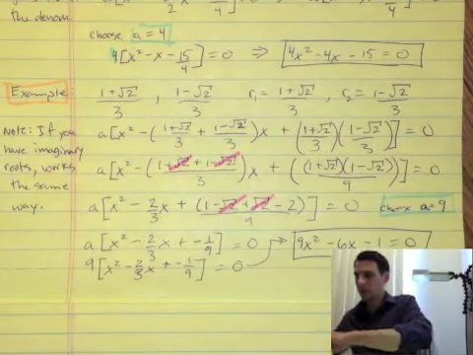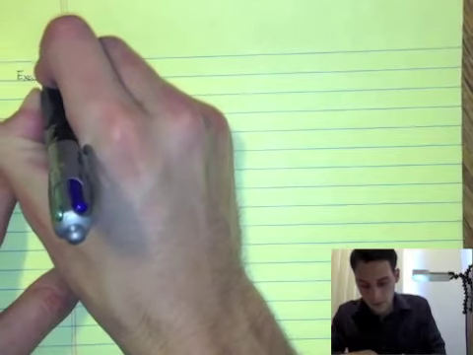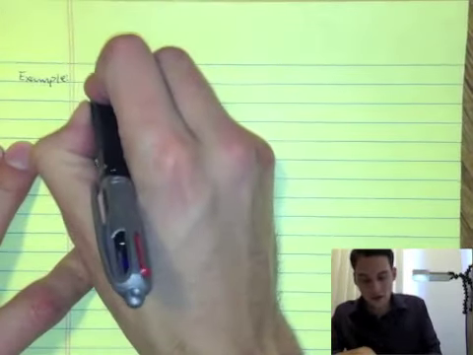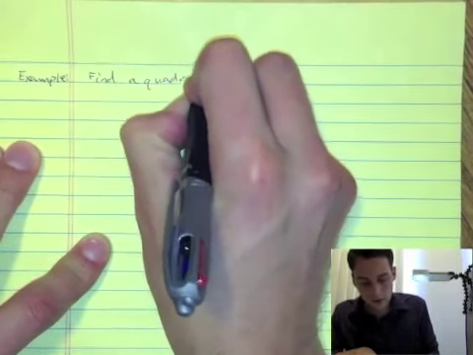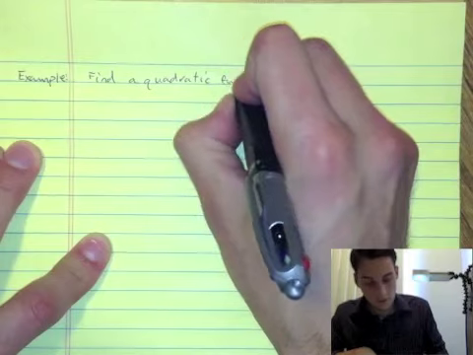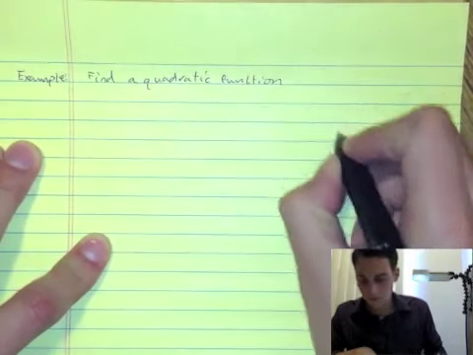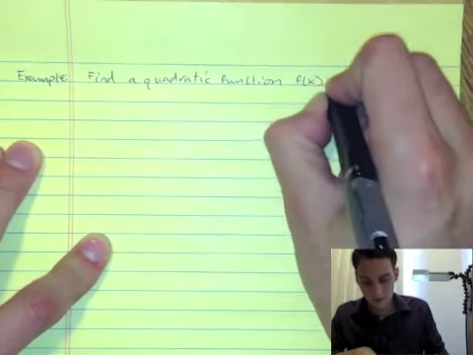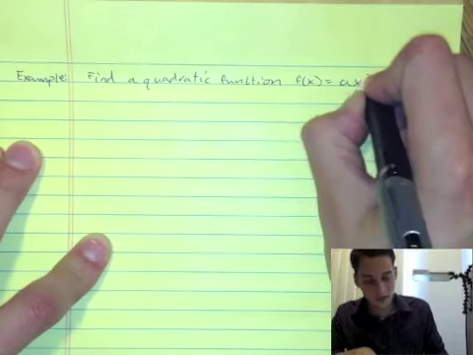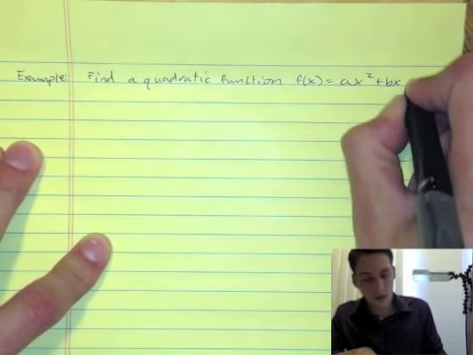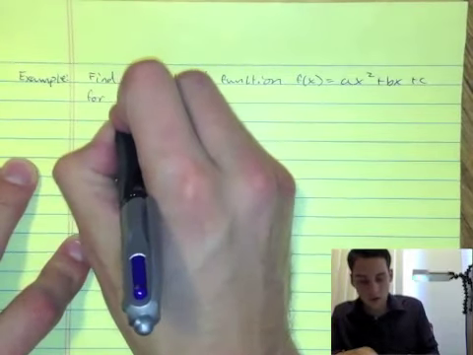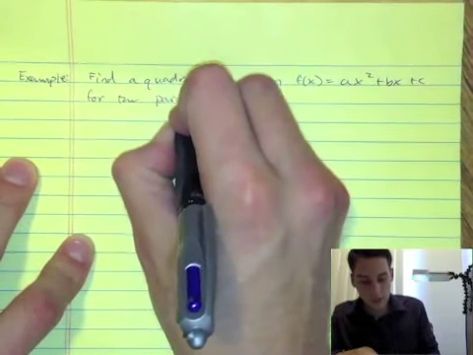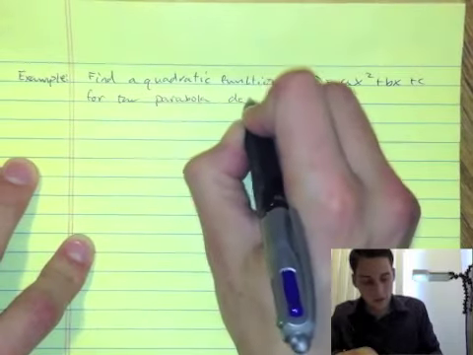Alright, next example. The instructions are: find a quadratic function f of x equals ax squared plus bx plus c for the parabola described.